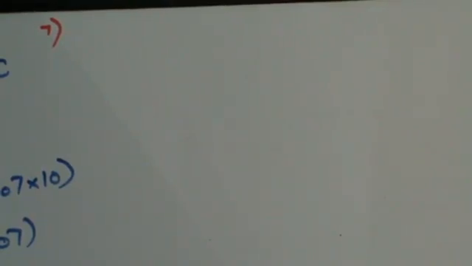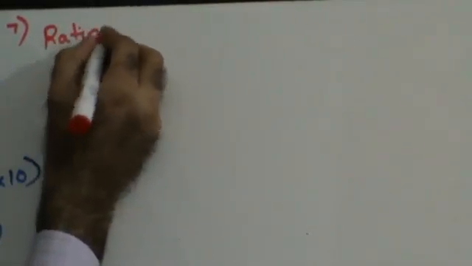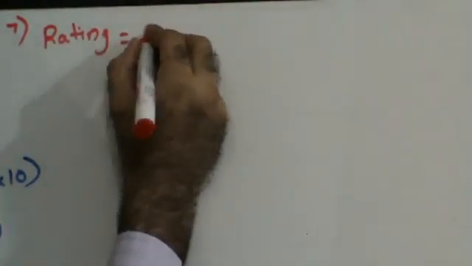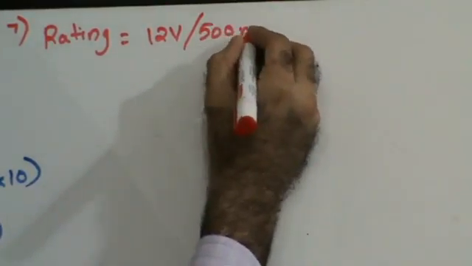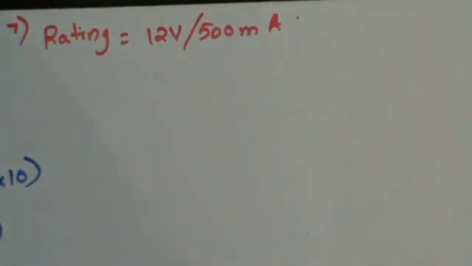Right? Next, the rating of 3 cells is 12 volts, 500 milliamps, and they are connected in parallel.